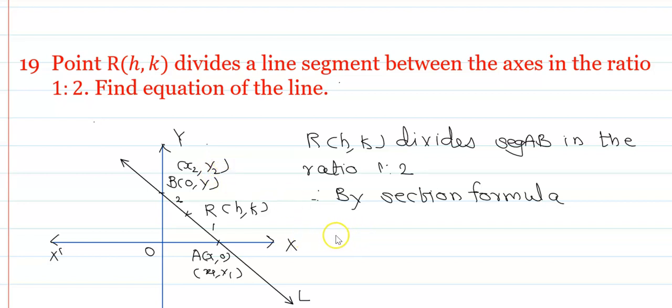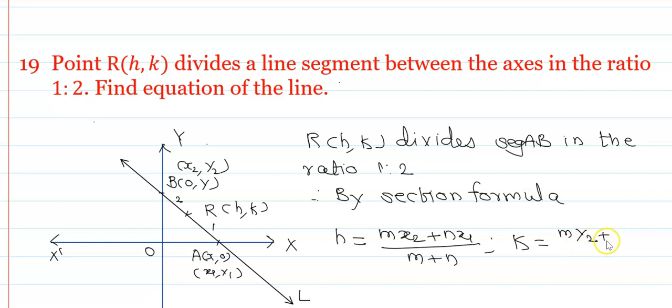Therefore, the x coordinate, that is h, is equal to (m x2 plus n x1) upon (m plus n), and what about the y coordinate, k, that is equal to (m y2 plus n y1) upon (m plus n). Okay, here the ratio is 1:2, means what?